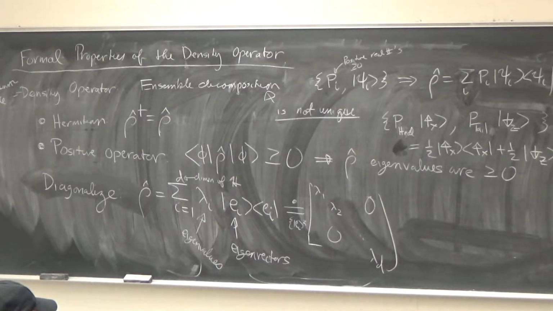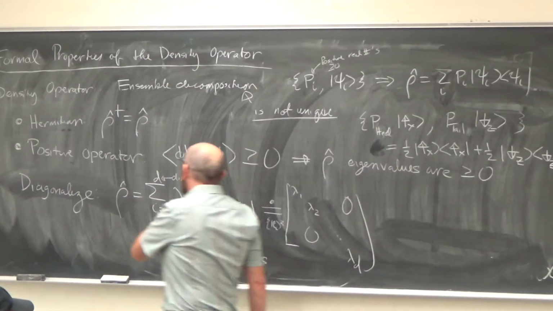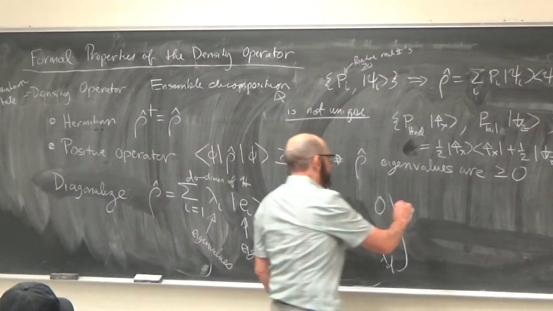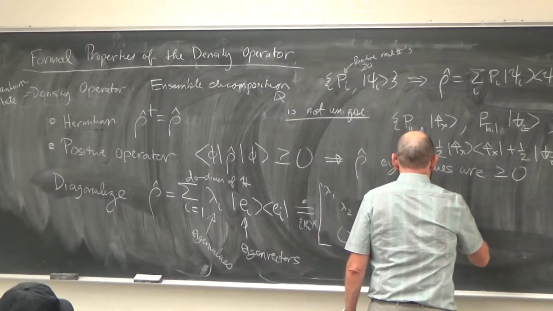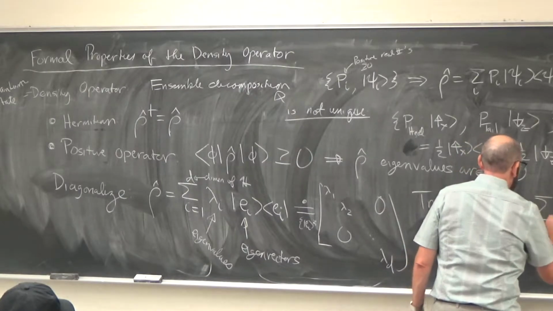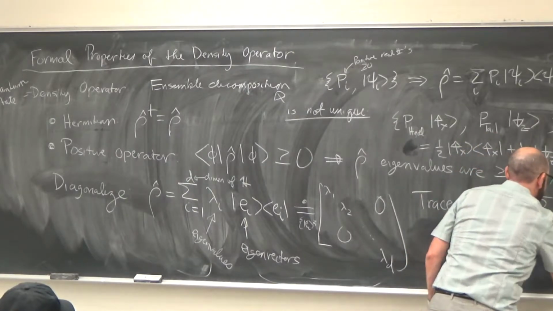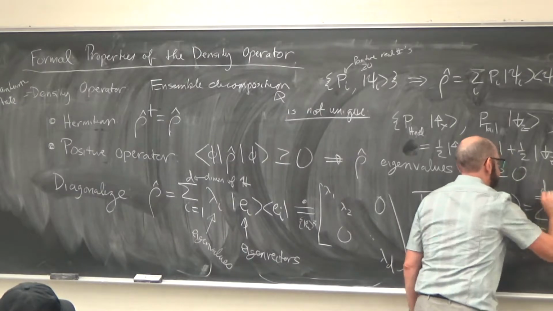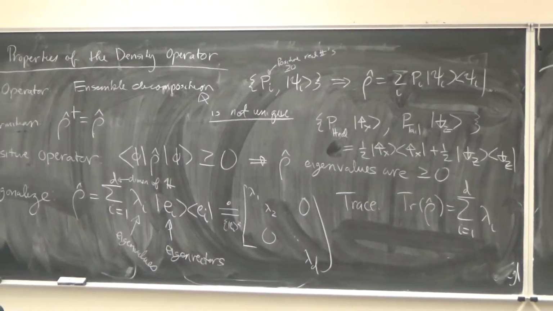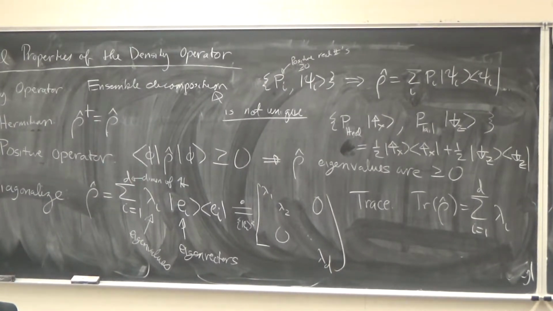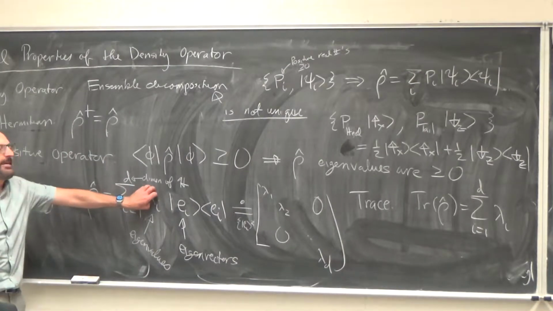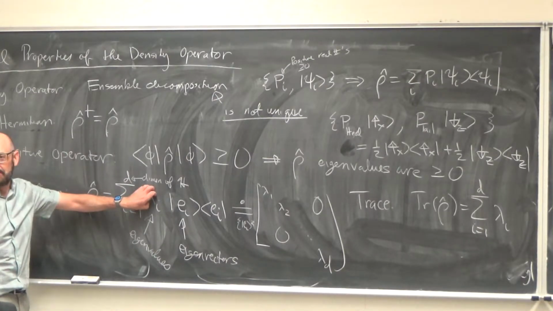Now, one thing to note is that the trace of the operator is the sum of its eigenvalues. If I want this to be normalized, I want a good probability distribution.